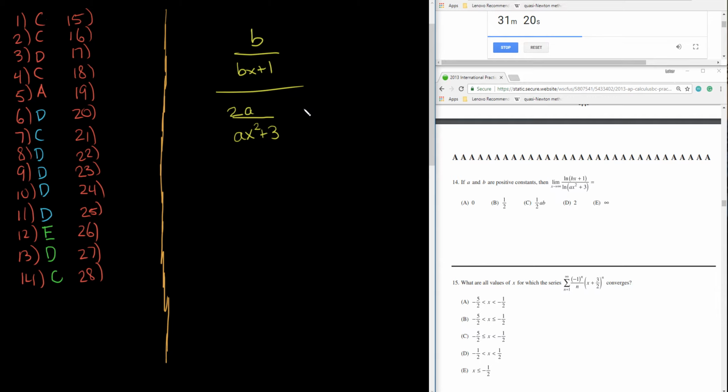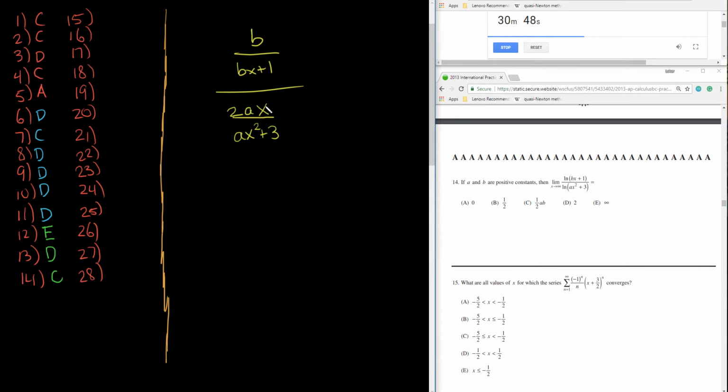So here, you're dividing by the derivative of the bottom, which is 2a, oh yeah, 2ax. Aha, 2ax.